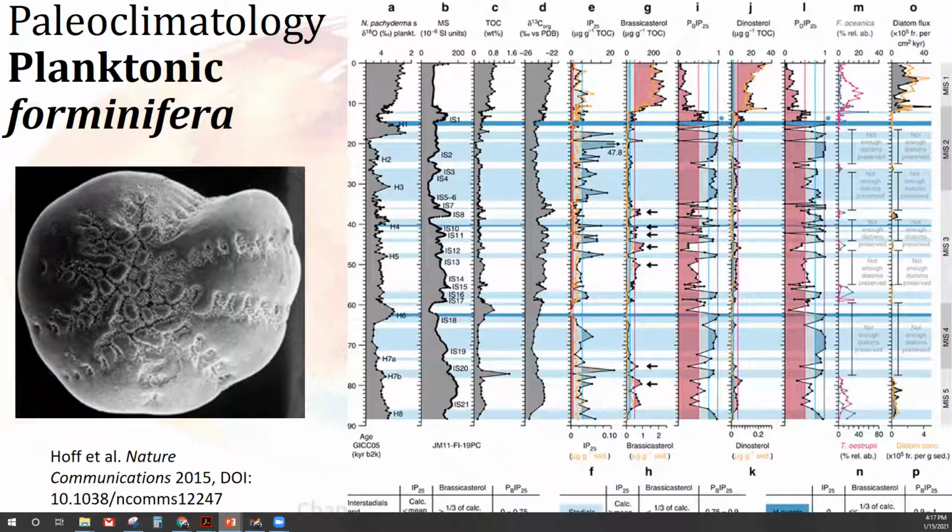So they're a really, really popular proxy. And again, you're looking at the relative proportions based on the depth, which is then ground truthed to some age. And then you take it all together and you say, oh yeah, at this point in the ocean, it was either warmer or saltier or drier or whatever.